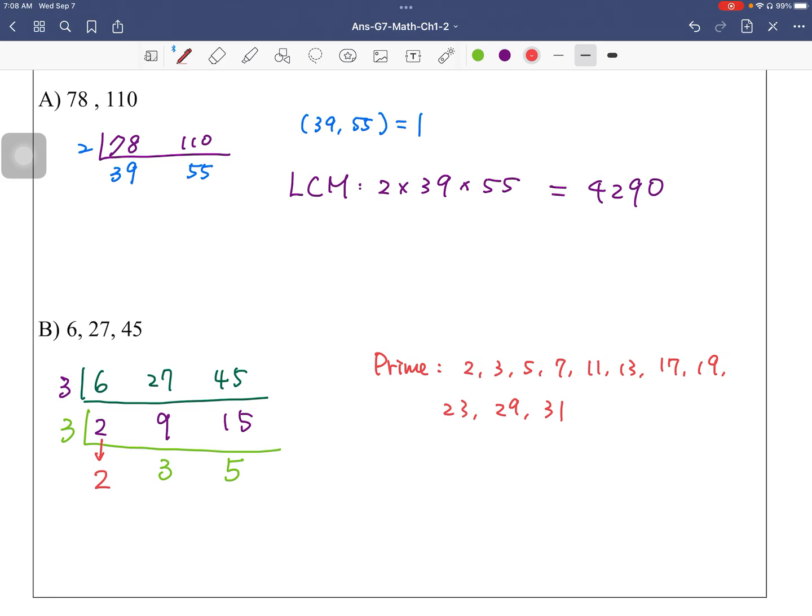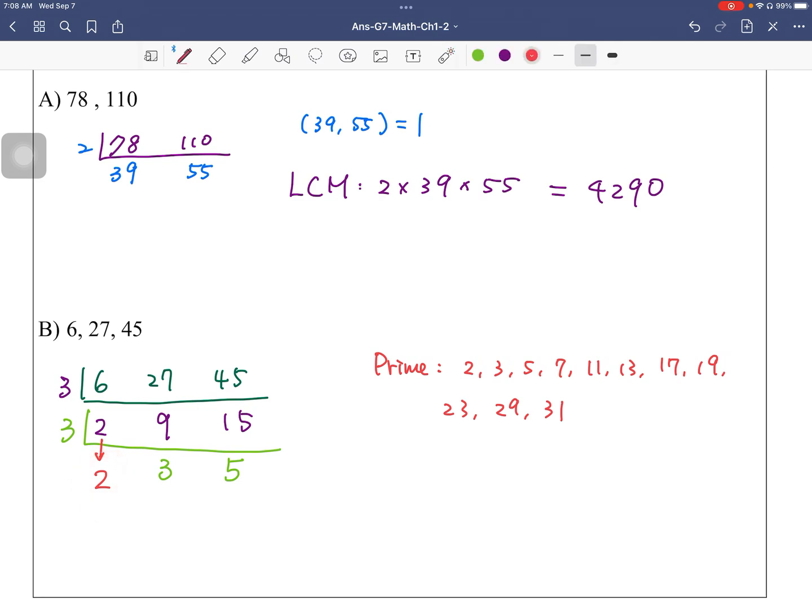Because I'm finding the least common multiple, I want something that 6 can multiply to become this number. 6 can get to this number by applying the factor 2.